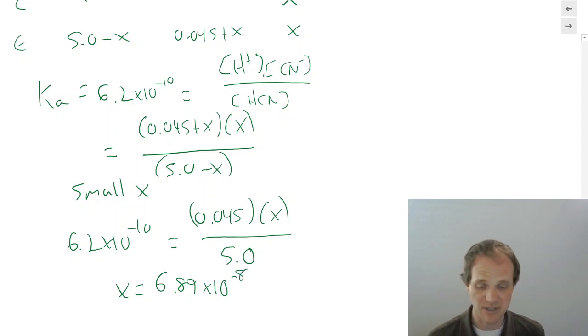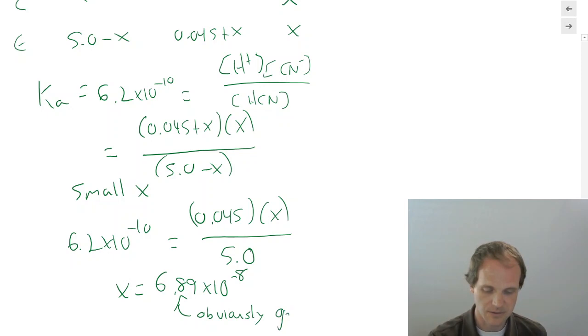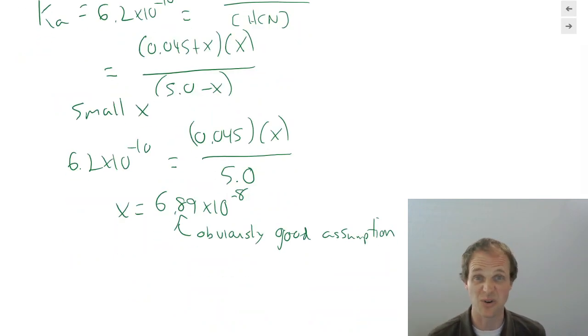Well, that's a very small number. We can look back up. We were doing our small x assumption. We were comparing that both to 0.045 and to 5. 10 to the minus 8 is sufficiently small that I don't even need to divide that. I can say it's an obviously good assumption. And you can do that when there's several orders of magnitude between your x that you calculated and the numbers that you're comparing it to.